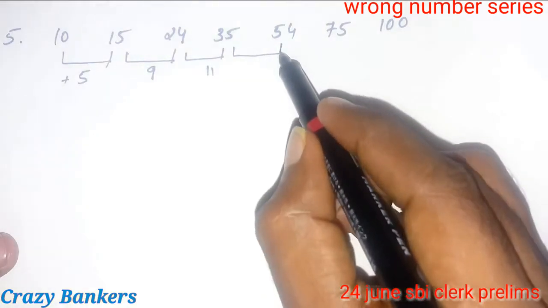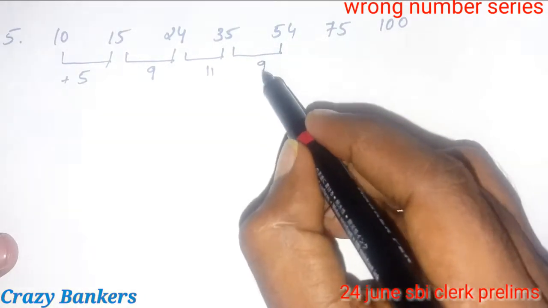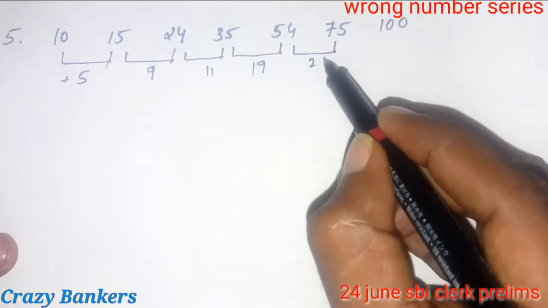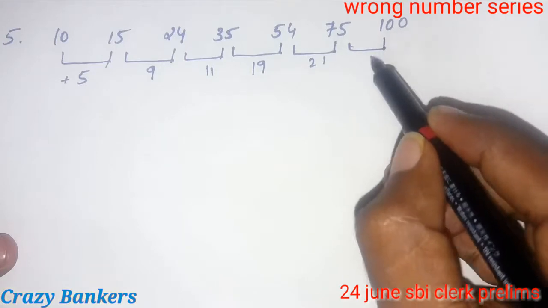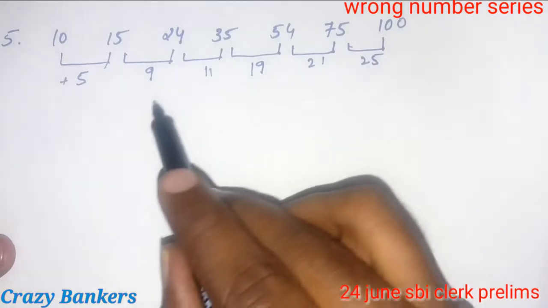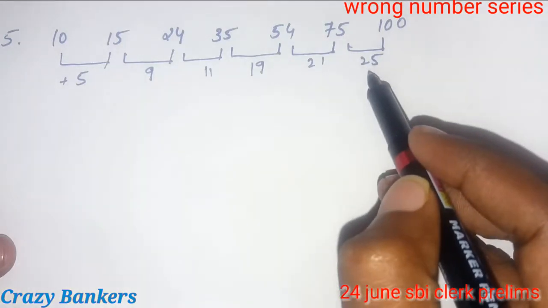Now 35 and 54, that is 19. Now 54 and 75, that is 21. Here is 25. So 5, 9, 11, 19, 21, 25.